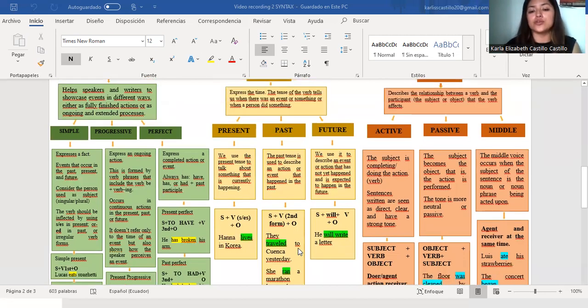Then we have the future tense. We use it to describe an event or action that has not yet happened and is expected to happen in the future. For example, he will write a letter.